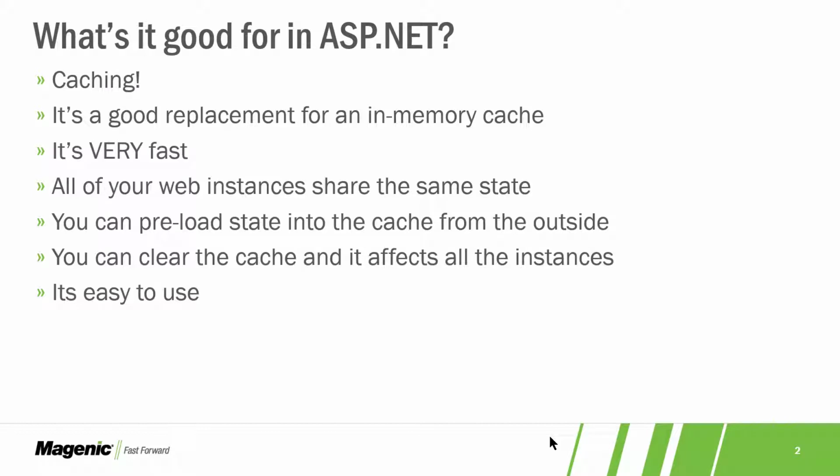Well, caching. It's a tremendously effective replacement for an in-memory cache. It's blazingly fast. It allows you to have all of your web instances keep the same state. You can do lots of very cool tricks, like write a little loader that preloads a bunch of cached information.